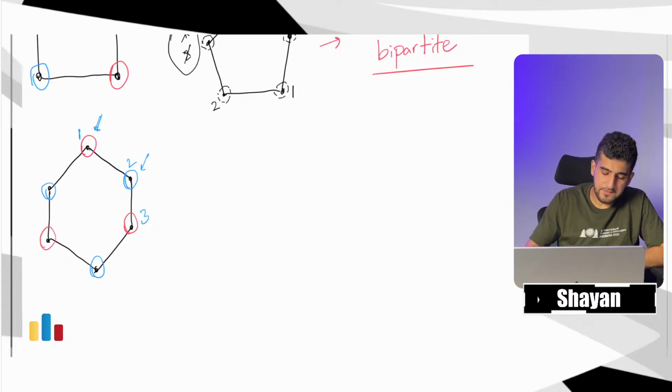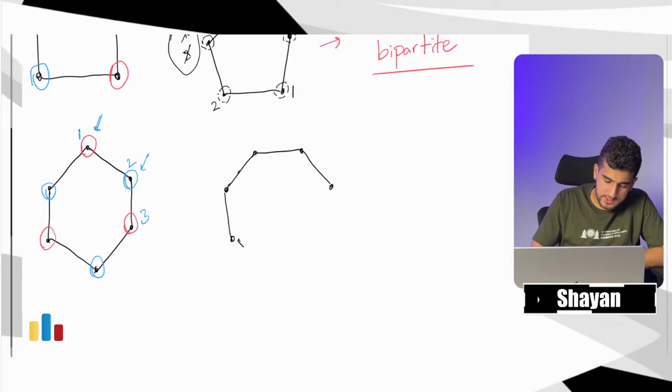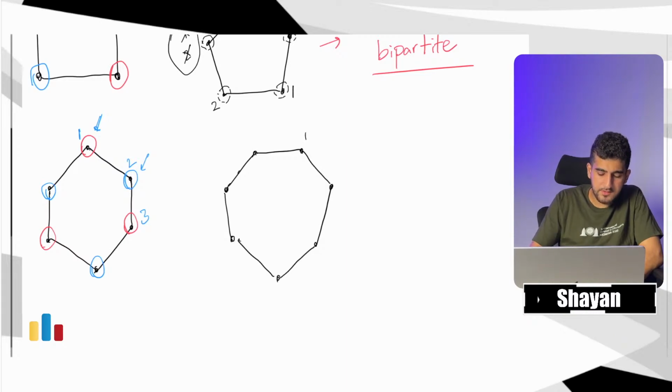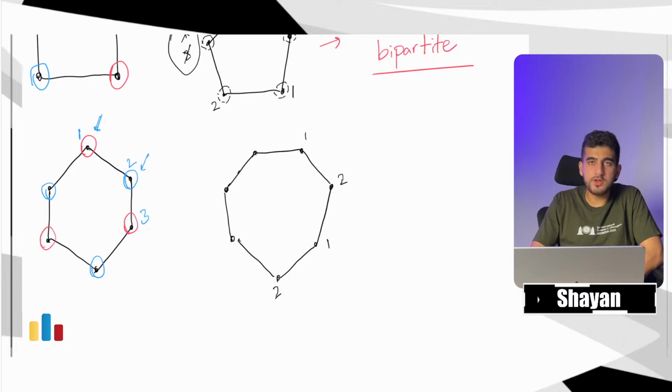But again, if we consider that the length of our cycle is 7, we see that we're going to be stuck, because assume that this is color 1, then this one must be color 2, then this one must be color 1, then this one will be color 2. By showing 1, I'm saying that it is either blue or red.